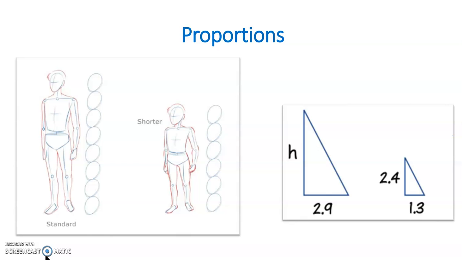Anytime we take an image on a photocopier or on a computer, and we blow it up from smaller to bigger, we are creating a larger size of it, but proportionately we're keeping it the same. So that's something that can help us to understand how proportions work.